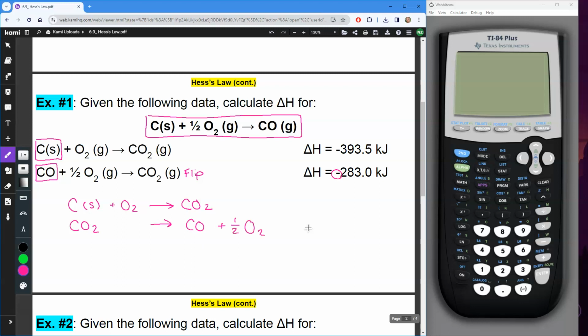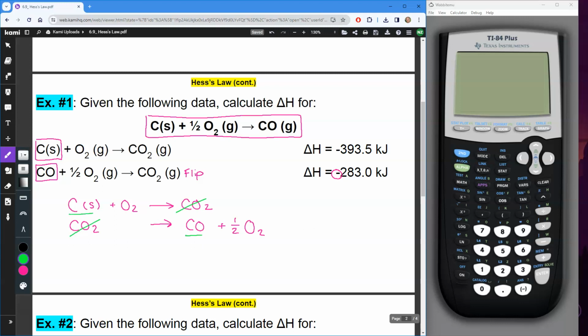Okay, so now watch what happens. CO2 exists on both sides of the reaction, so I can eliminate it. And if you look in the reaction we're looking for, our target reaction, CO2 isn't there. So great, that goes away. CO, carbon monoxide, is in the product side of our target reaction, and that's where it's supposed to be.